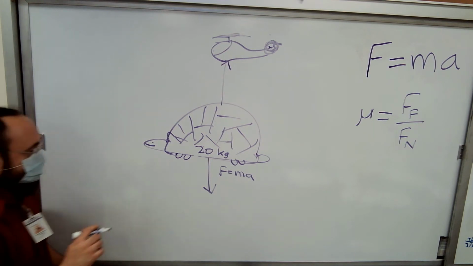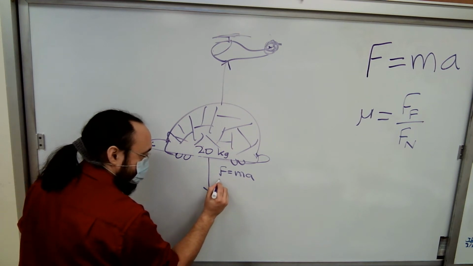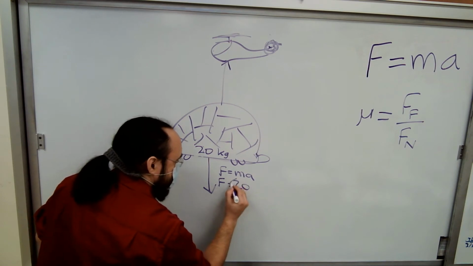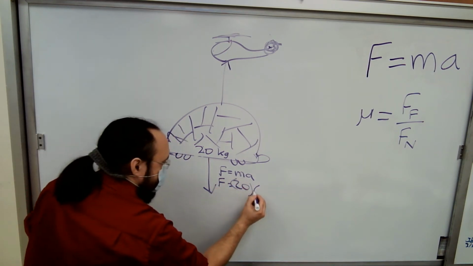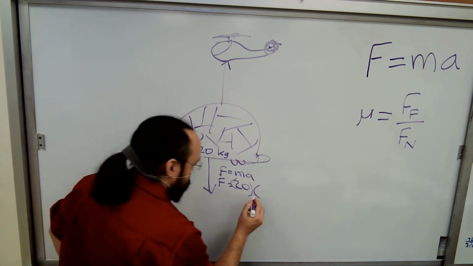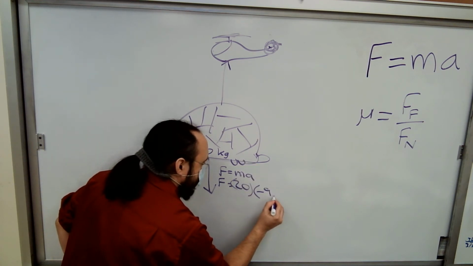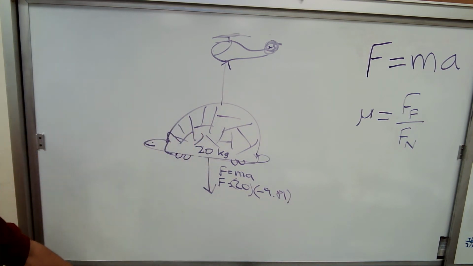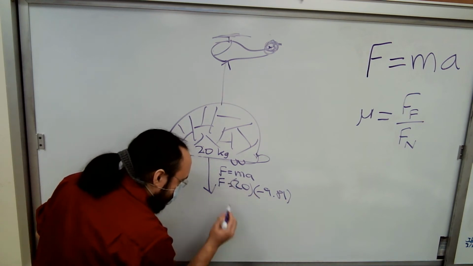If the turtle's 20 kilograms, that's our mass. If we're calculating weight, we're looking for force, so I just write F. Alright, so we got 20 kg for m. Acceleration: we're on Earth, and weight is because of gravity, so we use the acceleration due to gravity. 20 times negative 9.81.